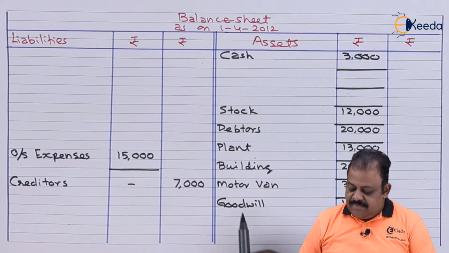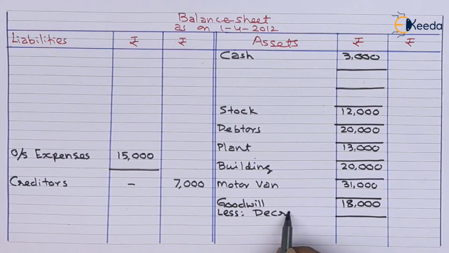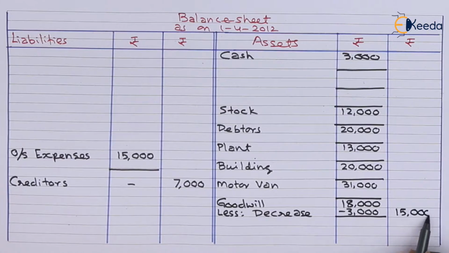Balance sheet asset side, goodwill 18,000 less decrease by 3,000, outer column 15,000.